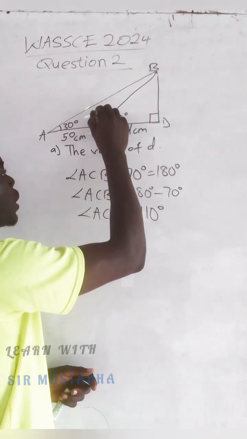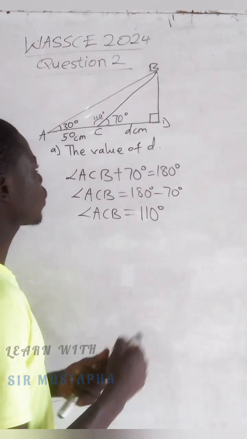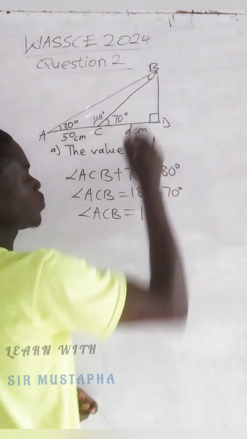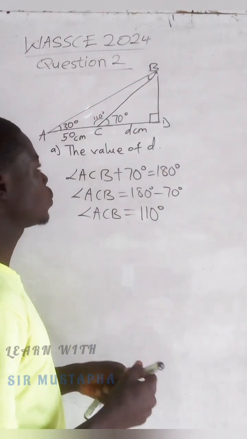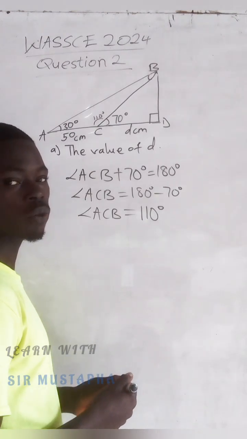We have 110 degrees. We can also calculate angle ABC, that is here. You know that the interior angles of a triangle add up to 180.